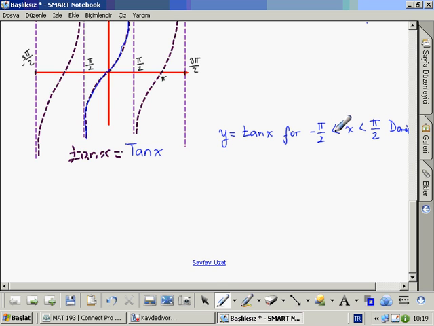Its range will be minus infinity to plus infinity. That's the range of the tangent function. How can we sketch it? It's easy.